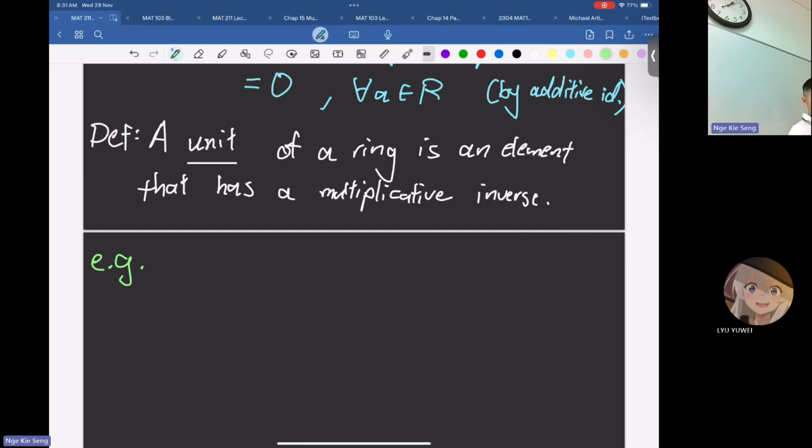These are the elements that you can return to 1, so we call it a unit. For example, what are the units in Z? What elements in Z have a multiplicative inverse? Raylan, any idea? What are the units in Z? What elements have a multiplicative inverse?